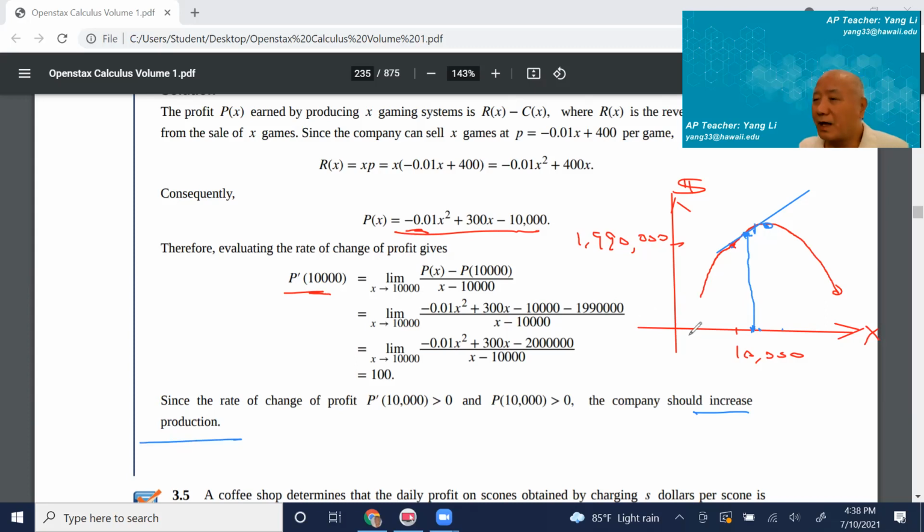Be careful, if you go later, for example, I randomly pick a number, 20,000, this may be beyond the maximum of the curve already. That's the time you see the derivative at 20,000 is lower, a negative slope. That means at that time you cannot increase the production. Only this side is okay before hitting the maximum profit.